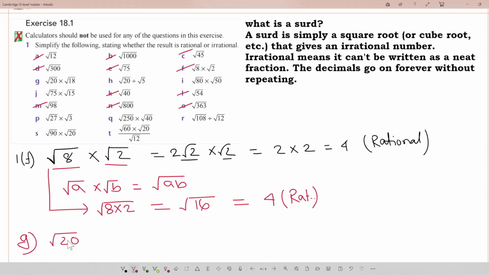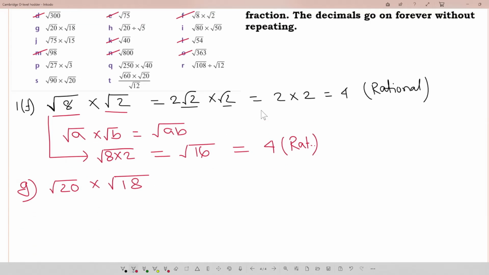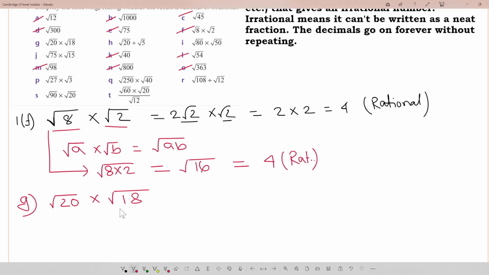root 20 times root 18. This one you can also solve in two ways. First, root 20 times root 18 becomes root 360, right?